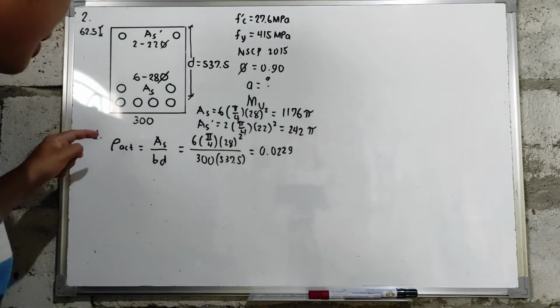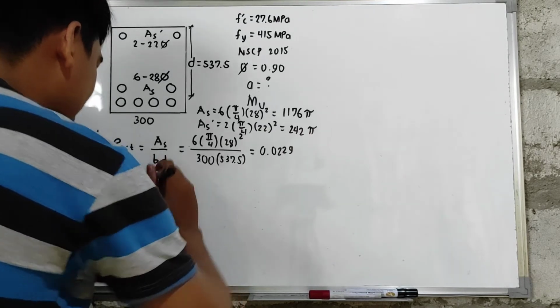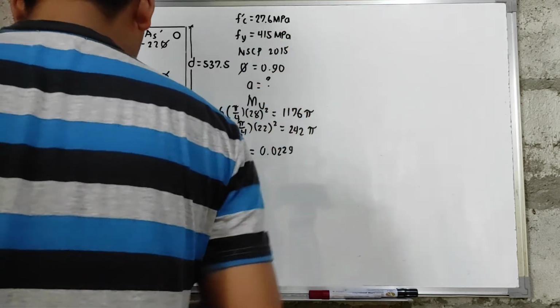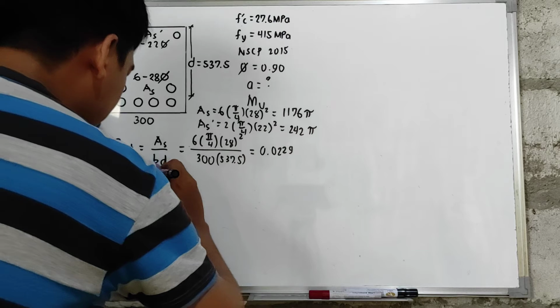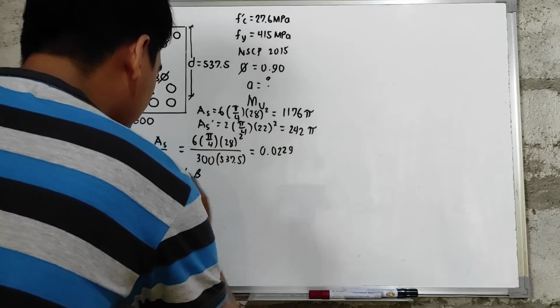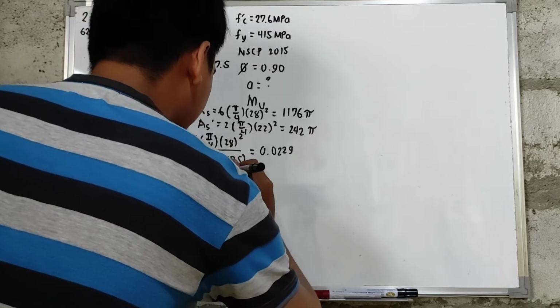After computing for the value of your rho actual, let us find the value of our rho max. Since we are using NSCP 2015, the value of your rho max is equal to 0.85 f'c beta over Fy multiplied by 3 over 7.